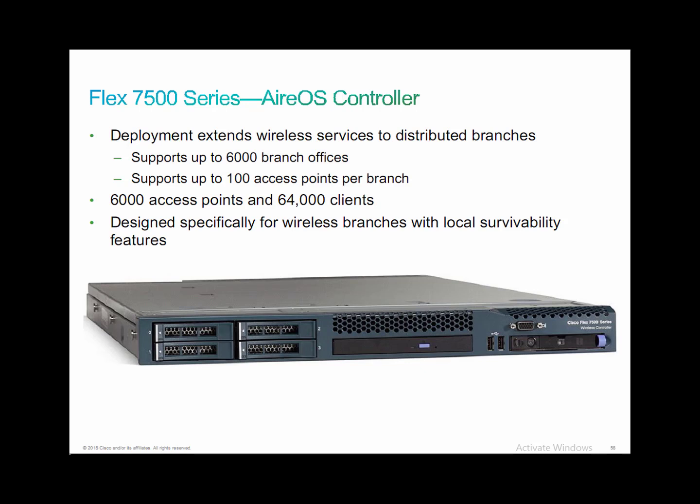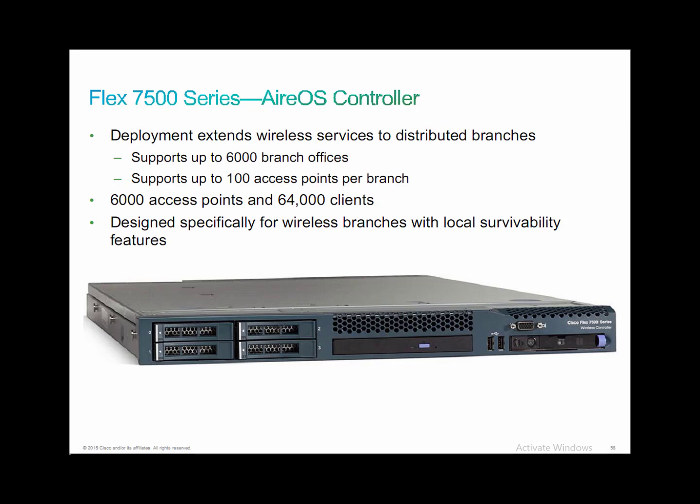The 7500 series controller, up to 6,000 branch offices, meaning that you can have up to 100 APs per branch location. Supports 6,000 access points, up to 64,000 clients. Can be deployed as Flex Connect. Has 2 10 gig Ethernet ports as well. Provides 1 gig of throughput. It's got a service port and it supports link aggregation as well.